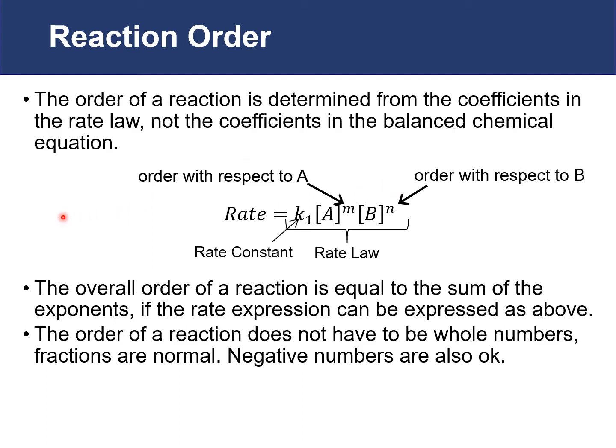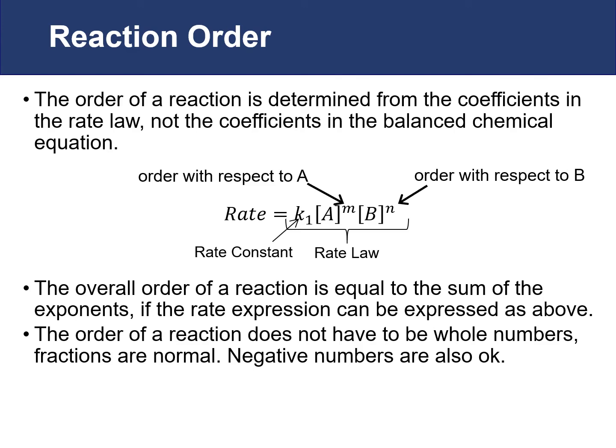The order of a reaction does not have to be a whole number. You will find that you can have fractions, negative numbers, or whole positive numbers. They are all perfectly fine. The values in these exponents will give you a decent idea of what's going on in the actual mechanism, what the molecules themselves are doing as the reaction proceeds.